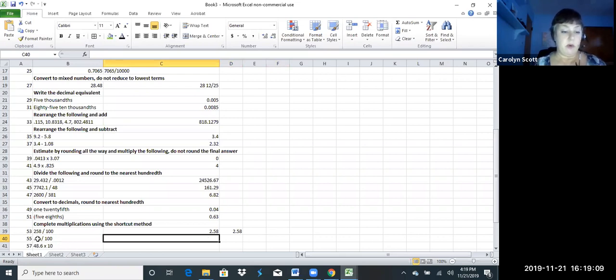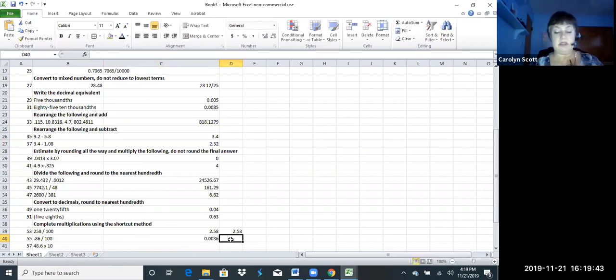Okay, now we have 0.86 over 100. The decimal is already in the numerator. So now we just move it over 2 places. And since there's nothing here, we have to insert the zeros. So we have 0.86, which becomes 0.0086.